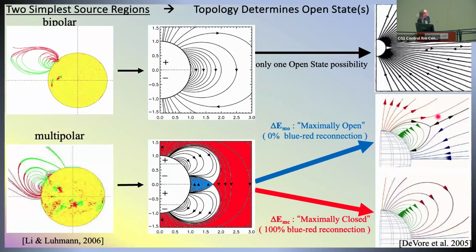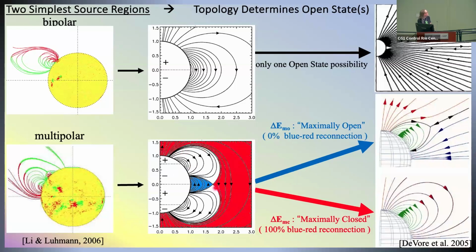So now I've got oppositely directed field coming out of this side arcade up here. So this was a closed flux system here. And now I've opened the overlying and inner arcade. And so all of this field that was here is still here. It's closed.